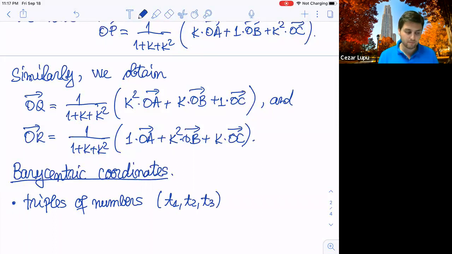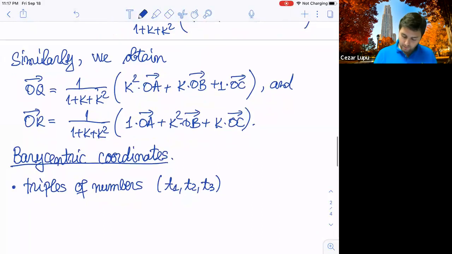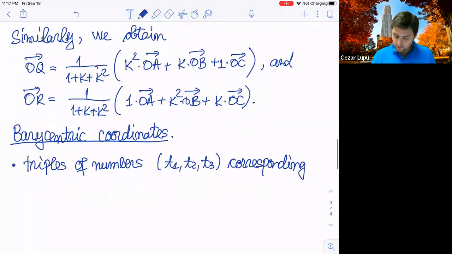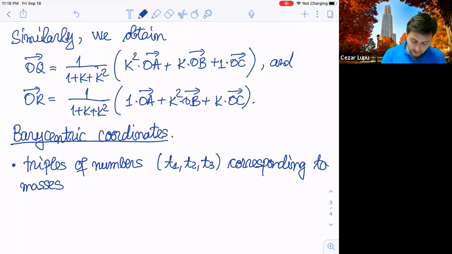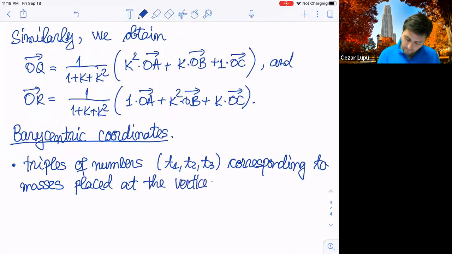This triple corresponds to masses, and I will explain immediately what this means, masses placed at the vertices of a reference triangle.